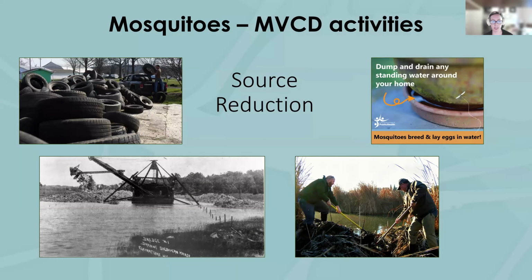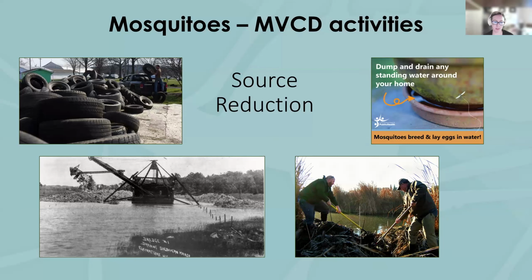I mentioned source reduction, which can be as simple as dumping out a bucket in a backyard, but it also can be much more complex. Source reduction is not at all a new idea. Back in maybe the 1800s, there were large areas of swamp that were drained to prevent mosquito production and for other reasons.